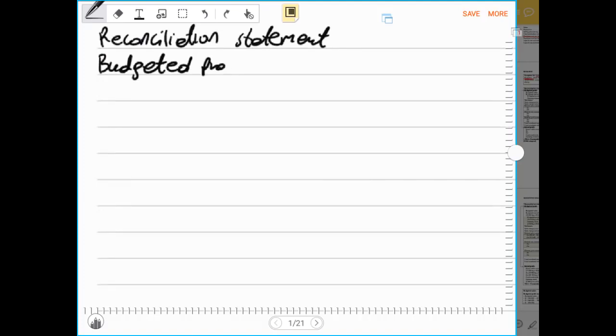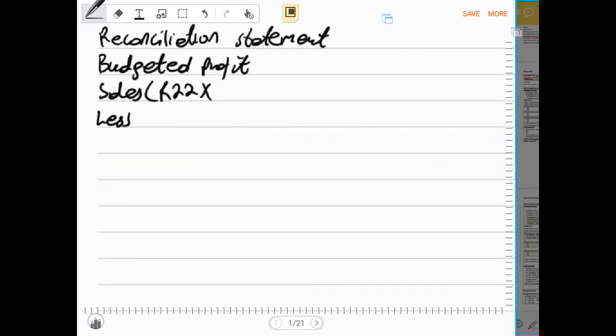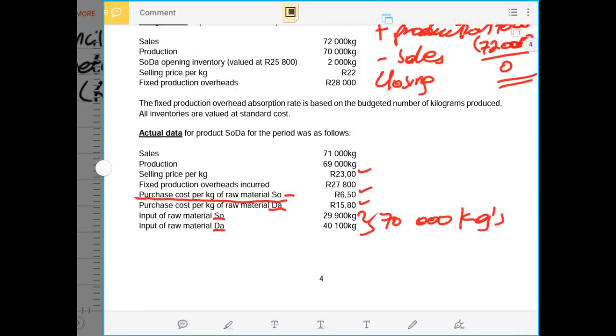And we know that our budgeted profit, or any profit, starts with the sales less our cost of sales. So now we have to look for the amount of sales, and I think our selling price was 22 rand per unit.